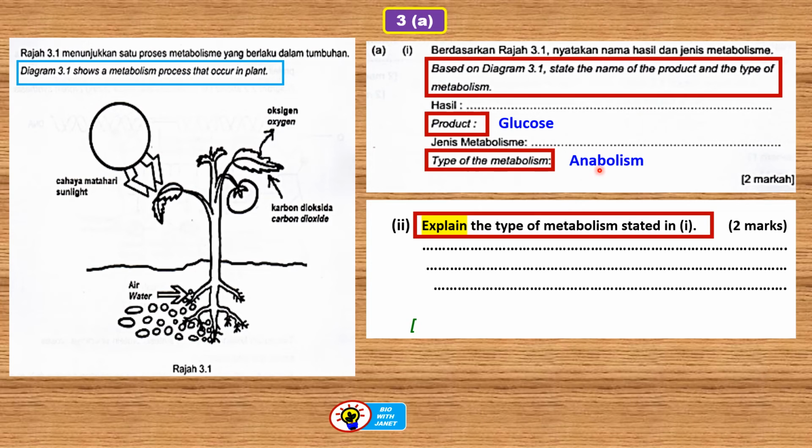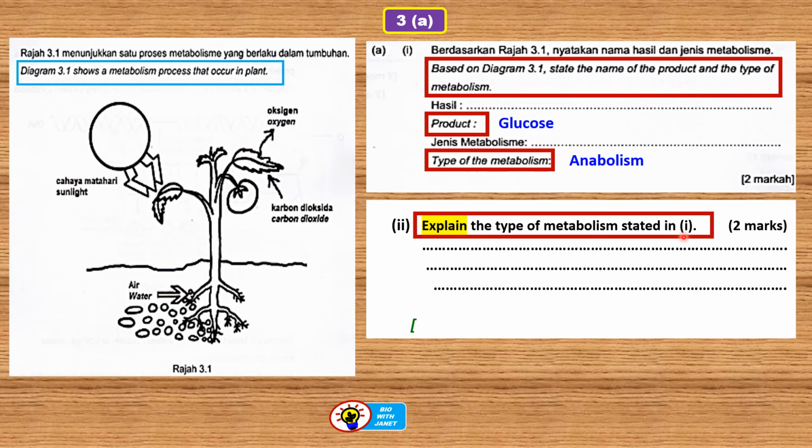Remember, anabolism involves the synthesis of complex molecules such as glucose from simple molecules such as carbon dioxide and water. So it's anabolism. Remember the phrase: ants build nests. So this is a synthesis process, where glucose is built or produced.